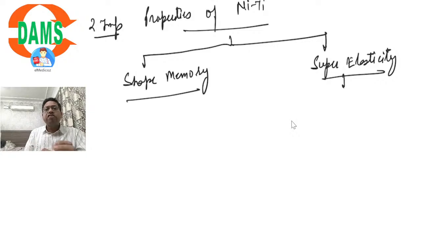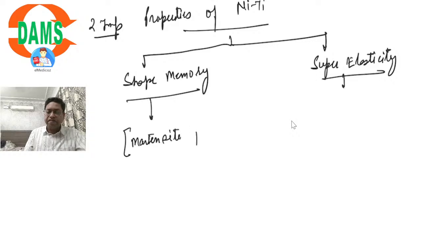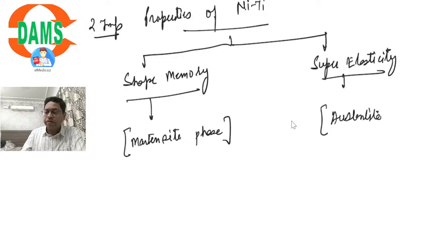Okay. Why are these two properties incorporated into it? Shape memory is principally because of a phase of nickel titanium called martensite phase. And superelasticity is due to a phase of nickel titanium called austenite phase.